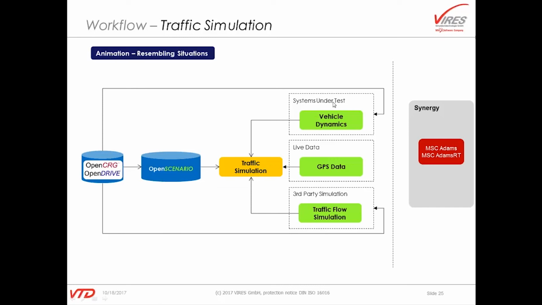But of course, you may feed in your own vehicle from whatever sources you have, using your own vehicle dynamics, or pointing again to a synergy with MSC, using MSC Adams or MSC Adams real-time controlled vehicles. And there may be live data being fed in, or different macroscopic traffic flow simulation entities that may be coming in.